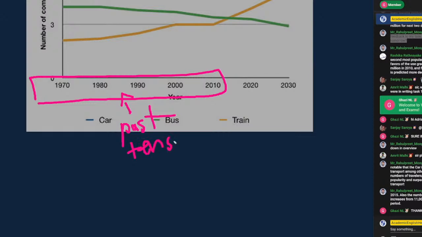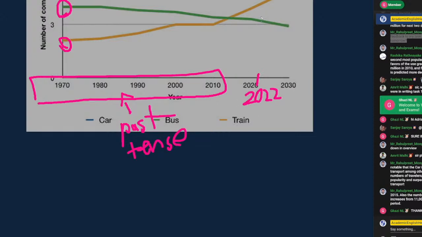Past tense verbs. So here, there were 2 million people riding the train. There were 4 million people riding the bus in 1970. But here, we have about, roughly there, we have 2022. That's present. Okay, so I can't write about that as the past because that's happening now.